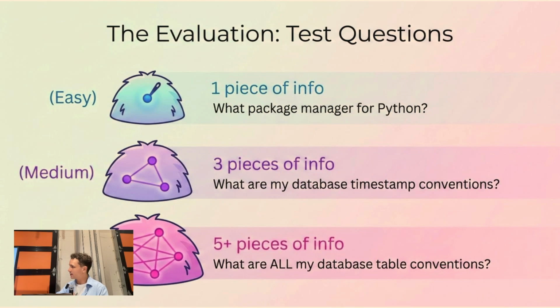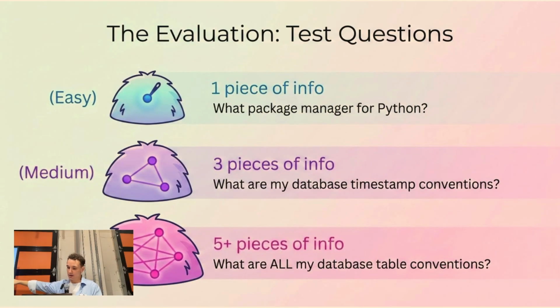What differentiates these is the number of needles being retrieved, as in needles in a haystack: how many different pieces of information are being retrieved? In the easy category, the test question would be something like, what package manager do I use for Python? And the answer would only have a single piece of information.